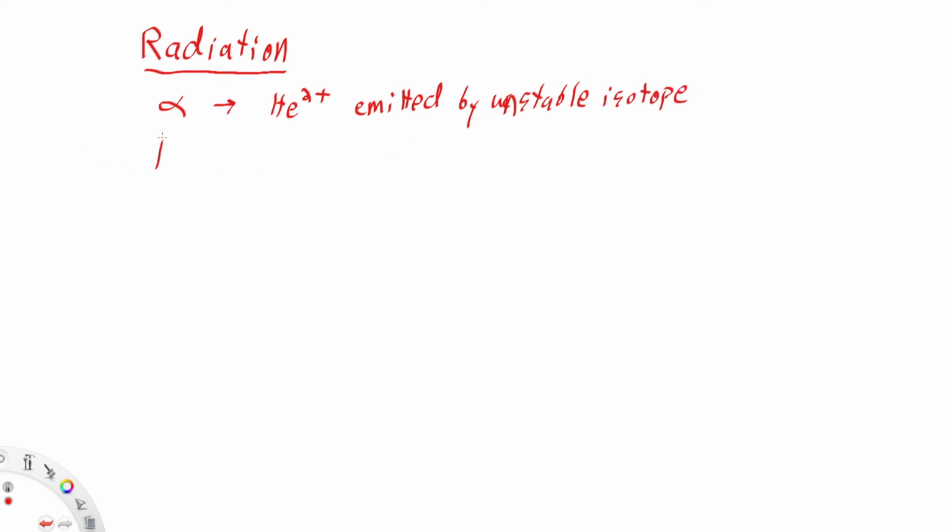There's beta radiation, which is either electrons or positrons emitted by nuclear processes.